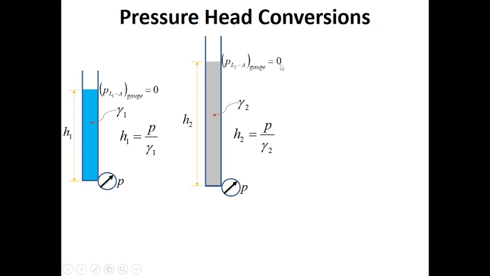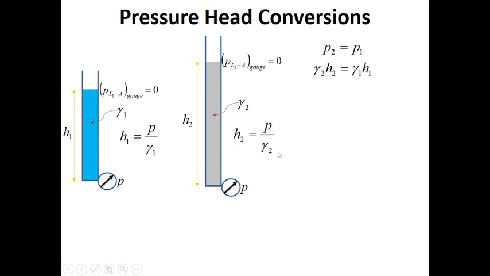This formula is correct provided that the pressure at the interface of liquid 2 to air is equal to 0 gauge pressure. Take note that the pressure of liquid 2 is the same as the pressure of liquid 1. And with that, the pressure is simply the product of the specific weight of the substance and its height.